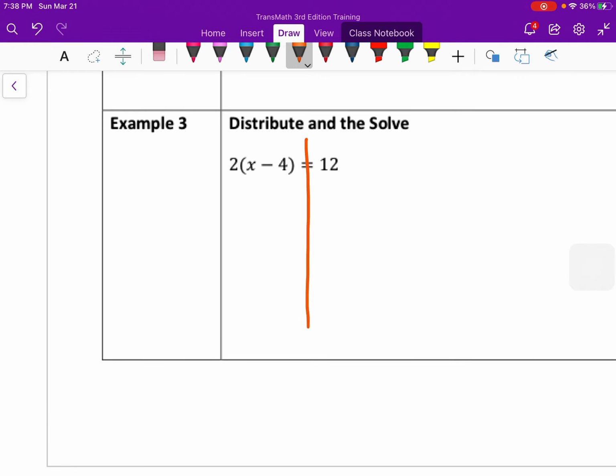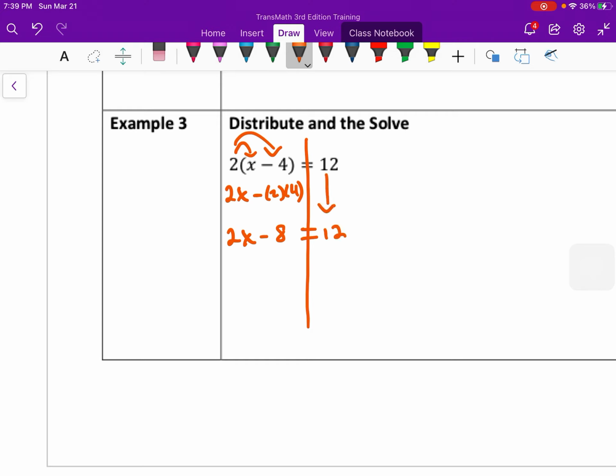So if we have an equation like this, first we'll want to use the distributive property to simplify. So we can distribute through so that we have 2x minus 2 times 4, which is the same thing as 2x minus 8 equals 12.